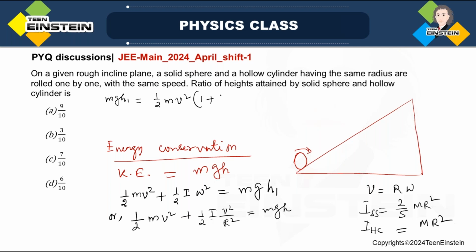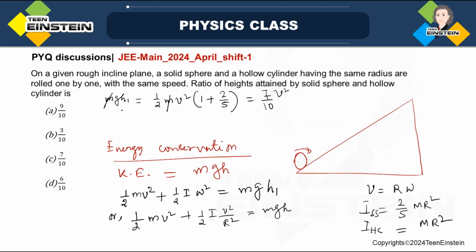For solid sphere, I by r square means 2 by 5 m, r square will cancel out. Let us cancel m from both sides. So what I have got here is 7 by 5 and this half, so you'll get 7 by 10 v square.